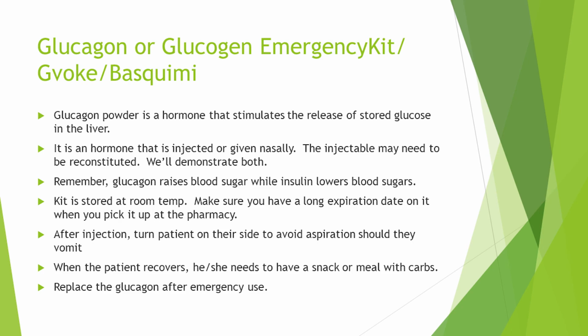Remember, glucagon raises blood sugars while insulin lowers blood sugars. Now, if you don't have diabetes, insulin and glucagon work together to keep your blood sugars normal. But when you have diabetes and you have insulin on board, or a sulfonylurea oral pill on board that can cause lows, your glucagon may not be able to work as effectively during these situations of hypoglycemia.